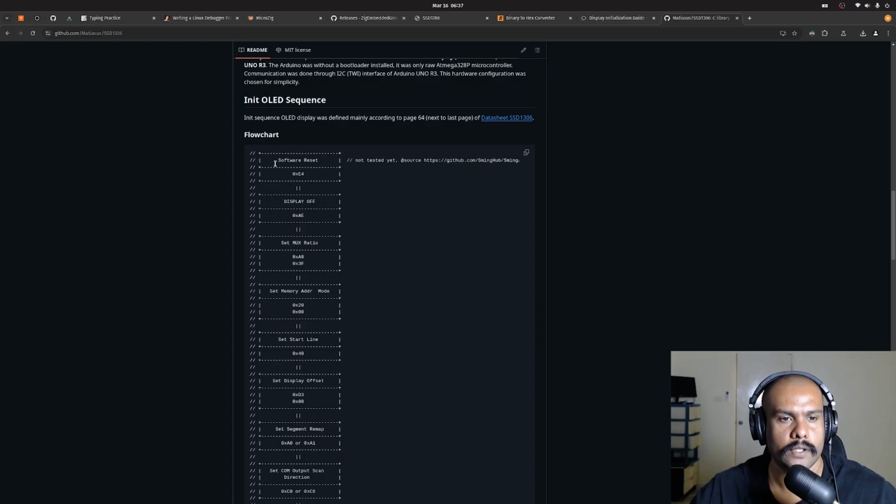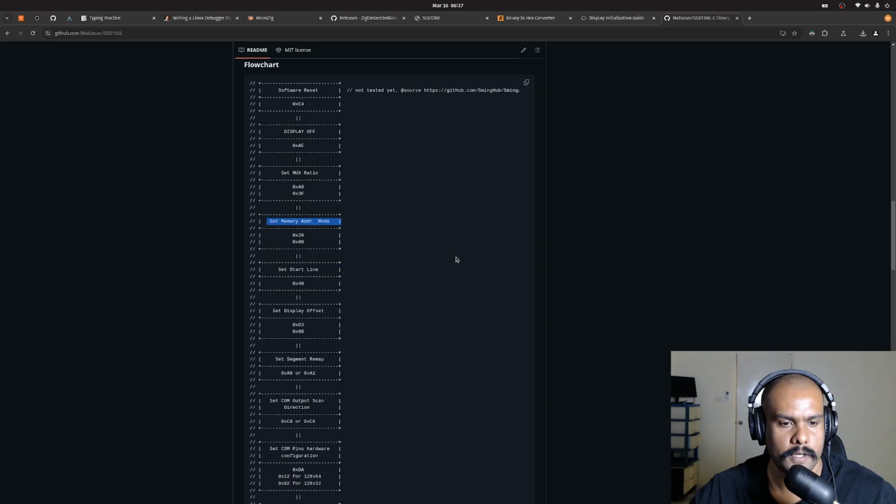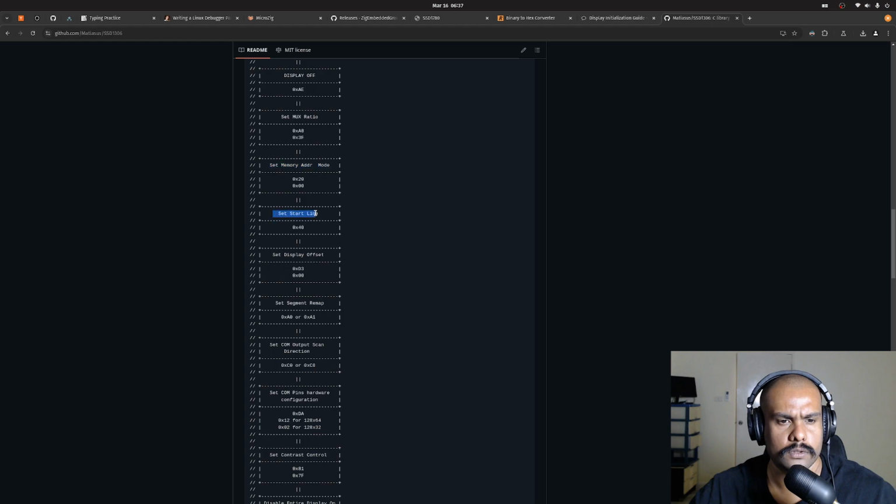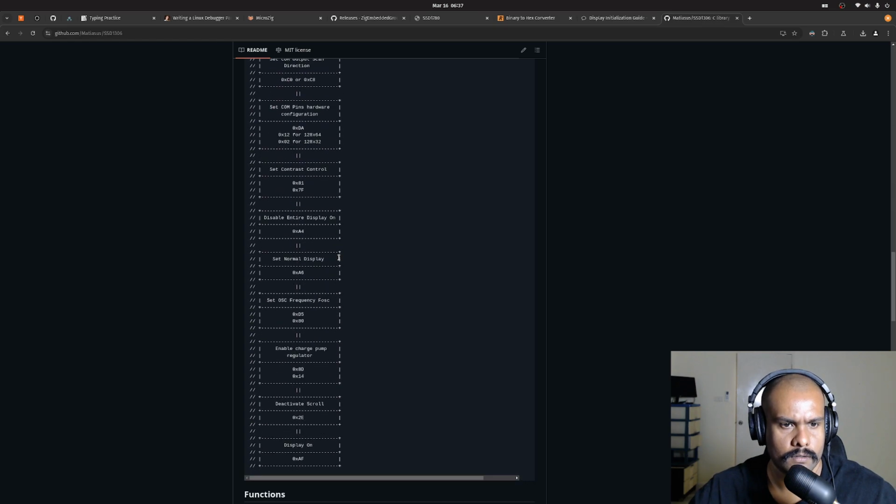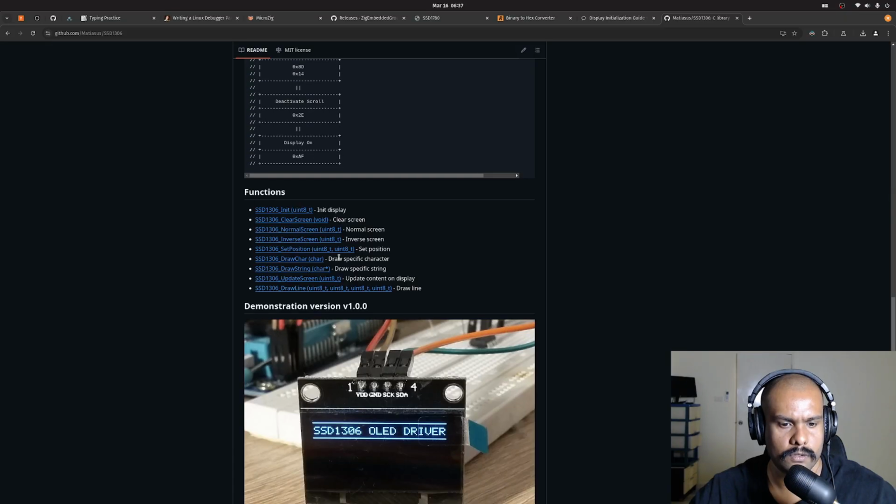Init OLED sequence. Software reset. Display off. Set mux ratio. Memory address mode. Set start line. Blah blah blah. It's a lot of things. Any function.